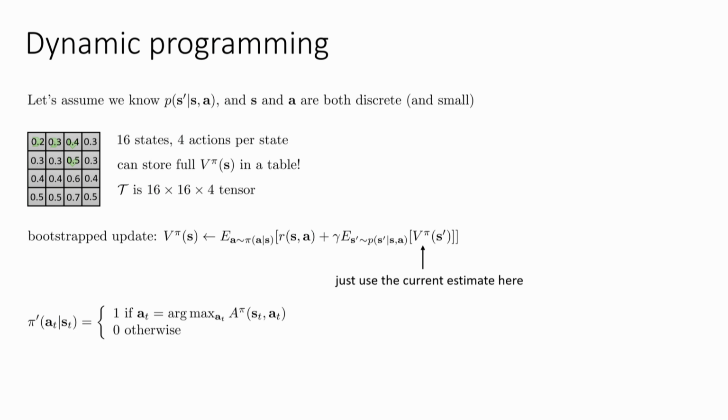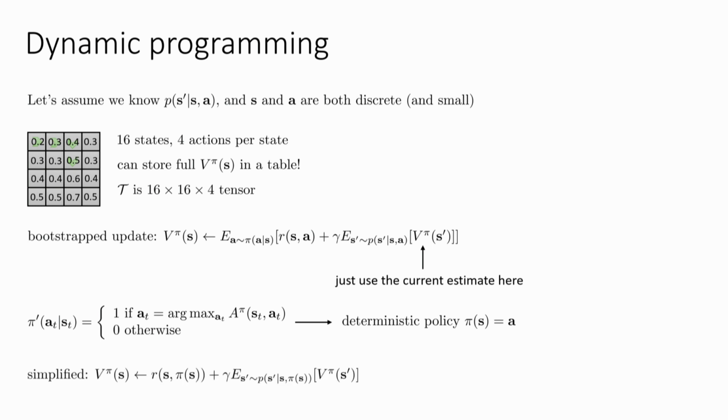So that allows me to simplify things a little bit, because this is an expectation where a is sampled from pi, but pi is always this argmax thing for some previous advantage function. So I can equivalently rewrite it as a deterministic policy. In general, the policy is, of course, a distribution, but I'll overload the notation and say that pi as a function of s just gives me the argmax action, just for notational convenience.